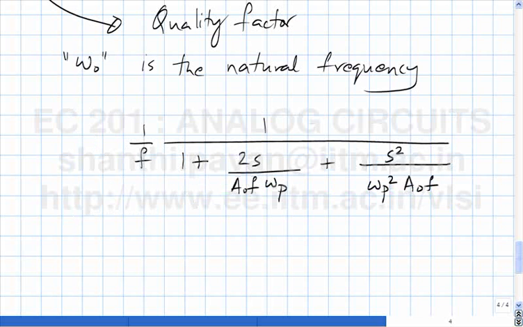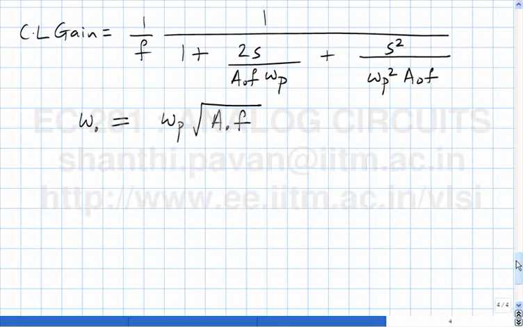So this is the closed loop gain. So what is the natural frequency of this second order denominator? Omega naught is omega p square root of A naught f. And what is the quality factor of the second order denominator?